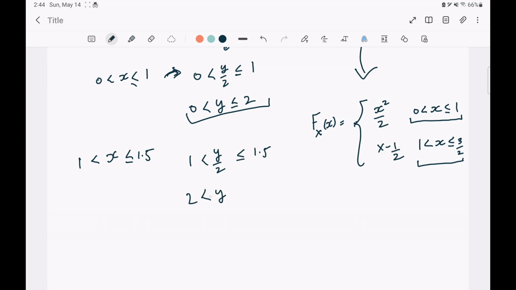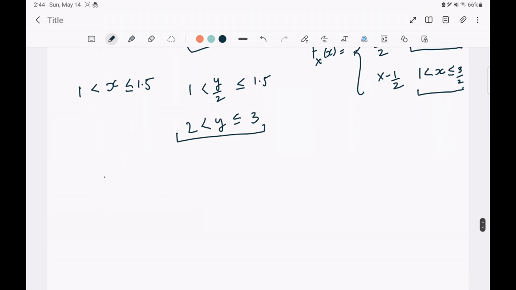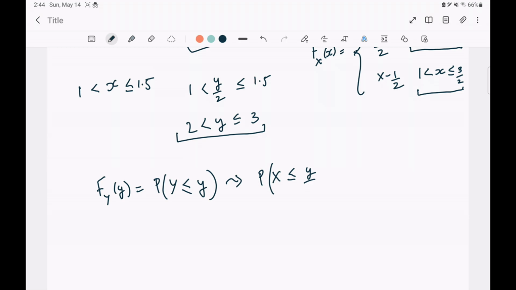So y would lie between 2 and 3. So you can then calculate Fy of small y, which is P of Y less than small y. You can also write it in this way: P of X less than or equal to small y by 2.